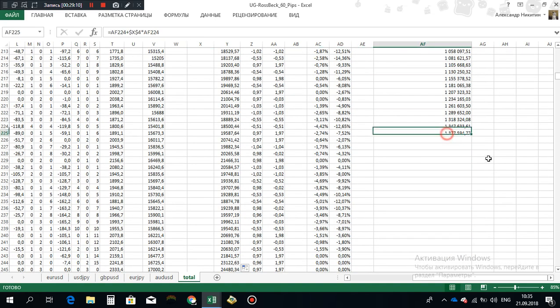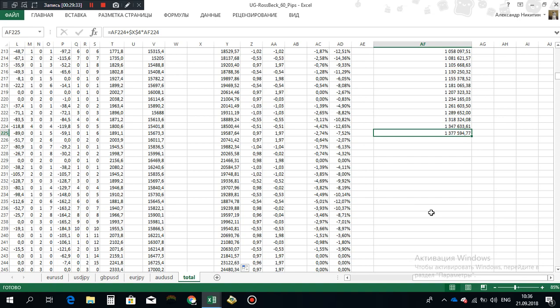And if we go here, we would see that over the period of 19 years we generated 1,377,594. It is very possible to generate a million over the period of 19 years. I know guys that generated millions in 5 years.